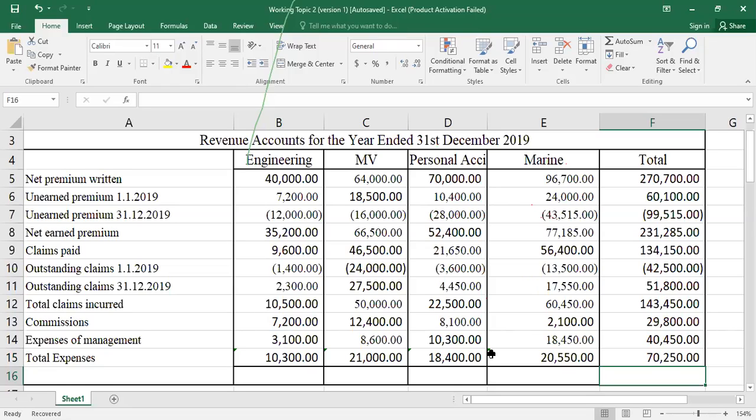I'm just trying to look at the commission. There is one commission there that is negated. You can see the commission for marine. The commission for marine is on the credit hand side, isn't it?